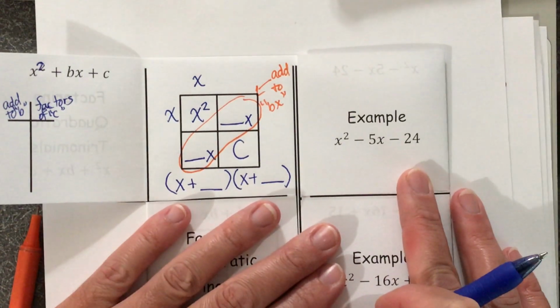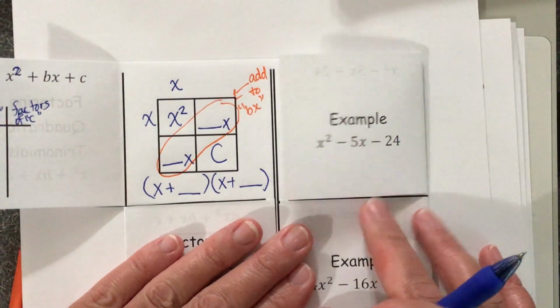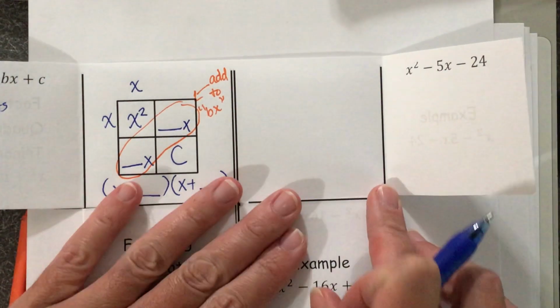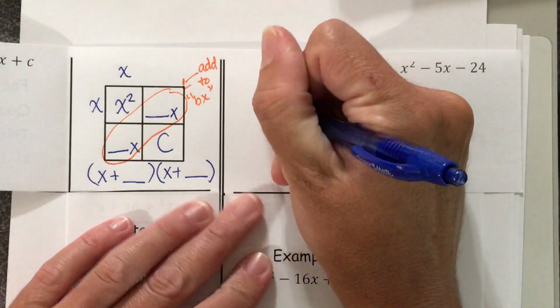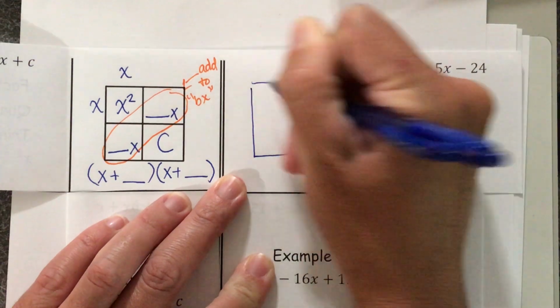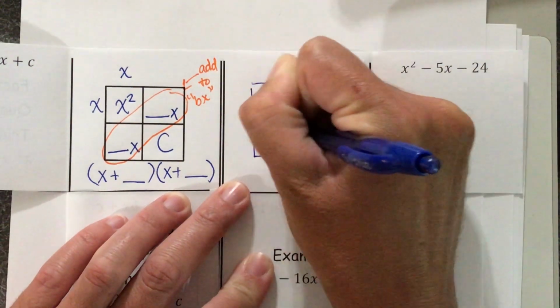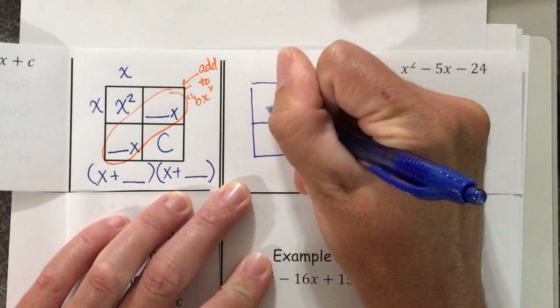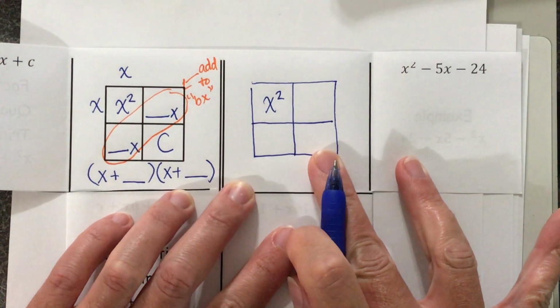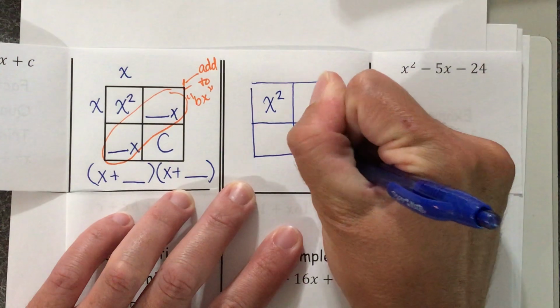So in this example, x squared minus 5x minus 24, we are first going to set up our box. And so the x squared goes here, and then in this case my c is negative 24.